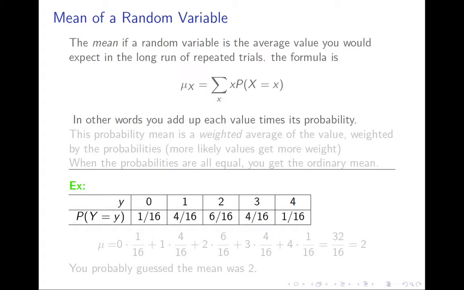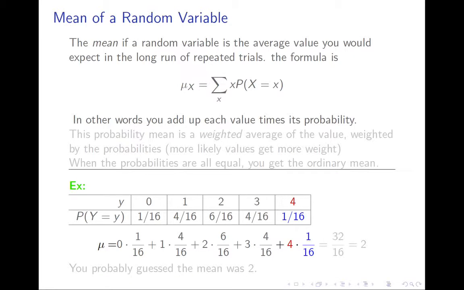So here's our first example. Here's y. So its mean. We are going to add up each value times its probability. So we're going to take 0 times its probability 1/16, plus 1 times its probability 4/16, plus 2 times 6/16, plus 3 times 4/16, plus 4 times its probability 1/16.